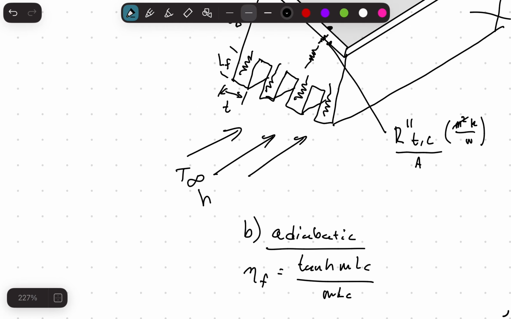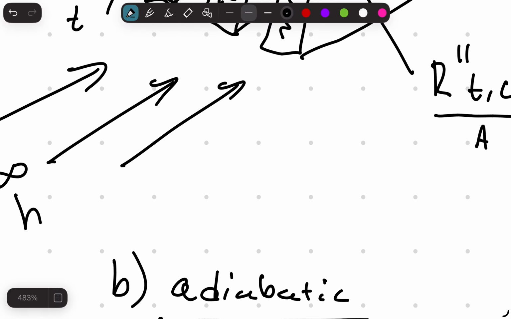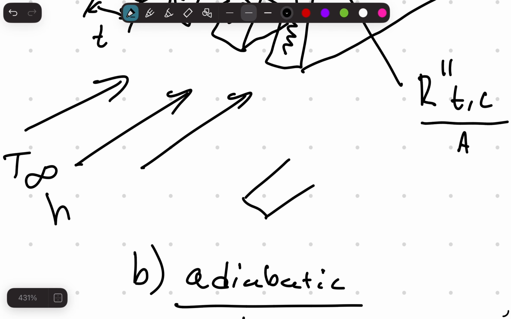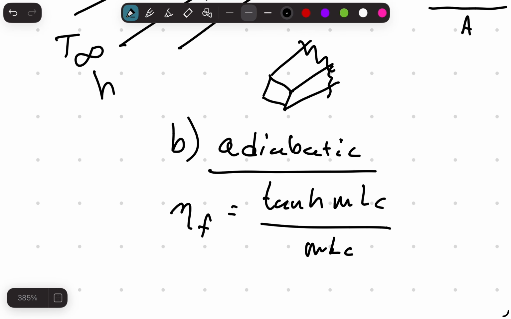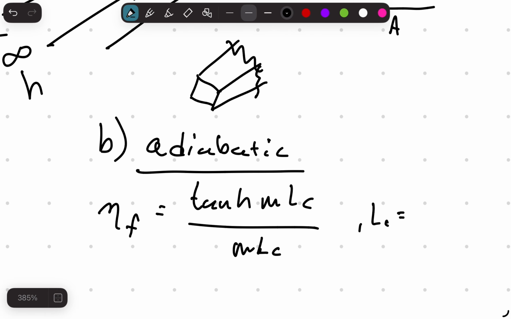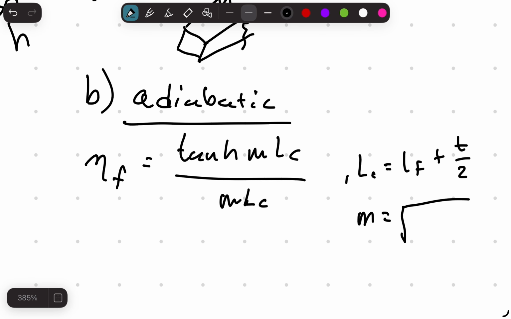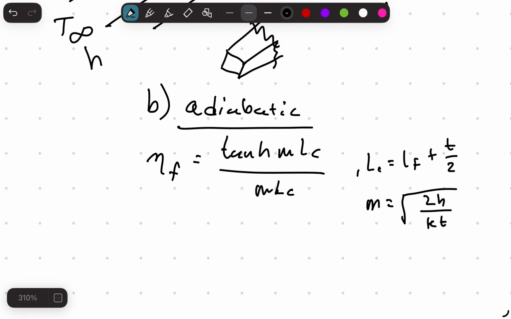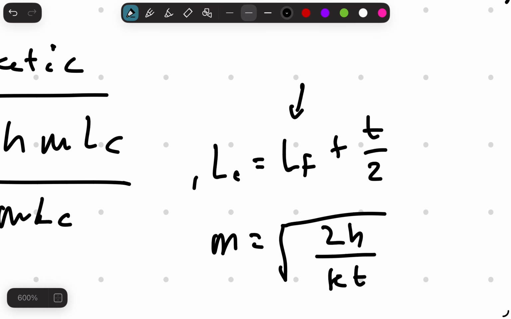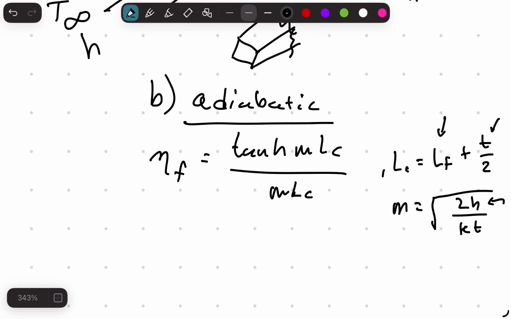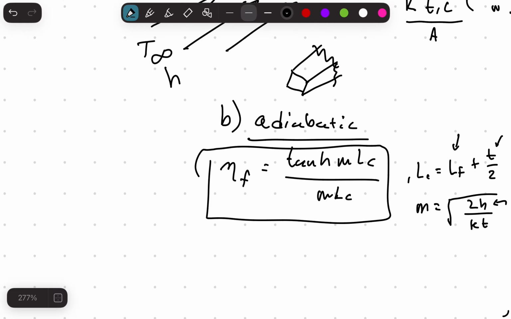On your equation sheet, for a rectangular single fin, this is the efficiency equation you'll use, where the characteristic length is going to be the length of a fin plus thickness over 2, and m is going to be square root of 2h over kt, and you just substitute these variables in after putting in the actual numerical value for each variable. And that will be your answer for part B.